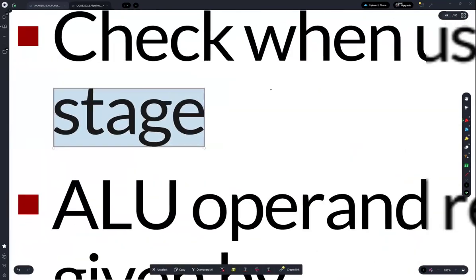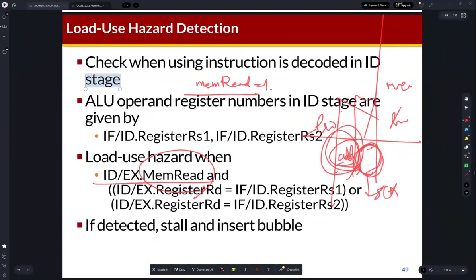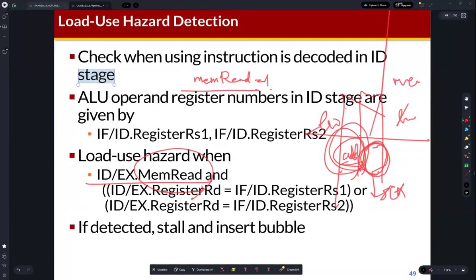So firstly, let's see the condition. Like the data forwarding, as I mentioned, we can check the RD, the destination register in the EX stage, because the load instruction is in the EX stage. So it is the output of the ID/EX pipeline register, the RD in the EX stage.